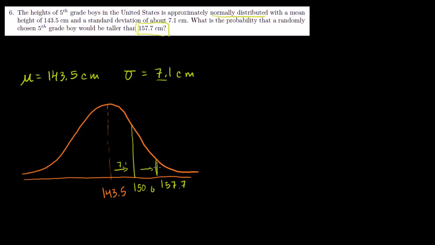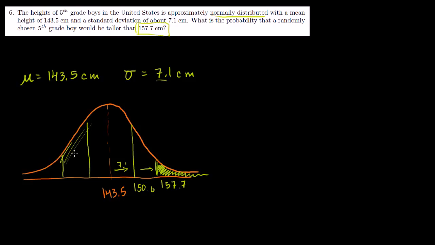They're asking for the probability of getting a height higher than that. So they want to know the probability that we fall under this area right here, or essentially more than 2 standard deviations above the mean. We can't count this left tail. So we can use the empirical rule. If we go standard deviations to the left, that's 1 standard deviation, 2 standard deviations.